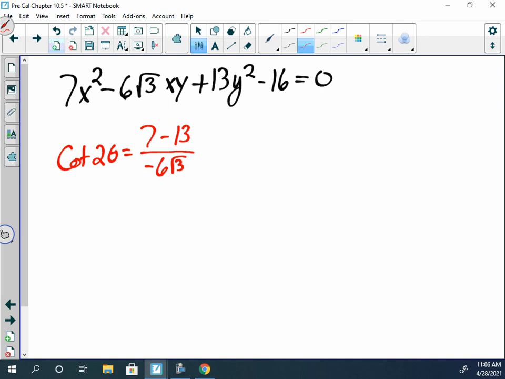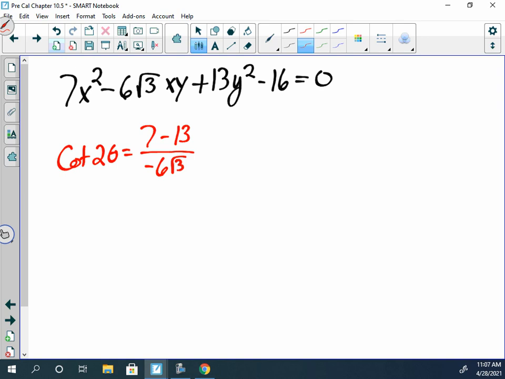Yeah, it is b. Our two squares, x squared, y squared, coefficients are on top. The xy term's coefficient is on bottom. So you had it right, it is b. Negative 6 square root of 3 is b.